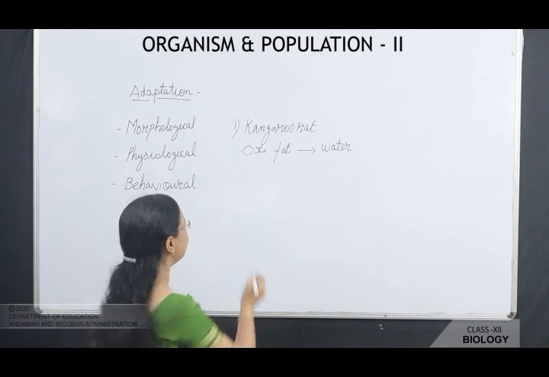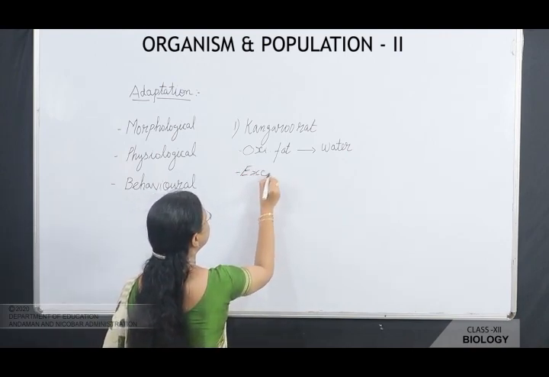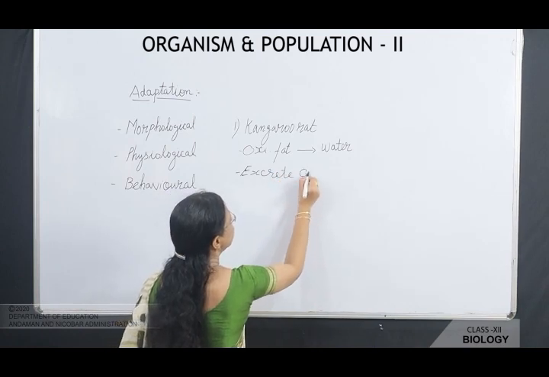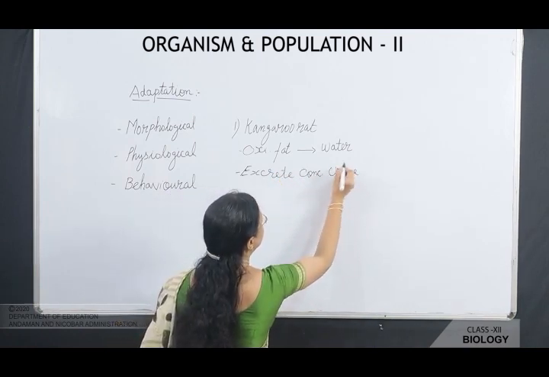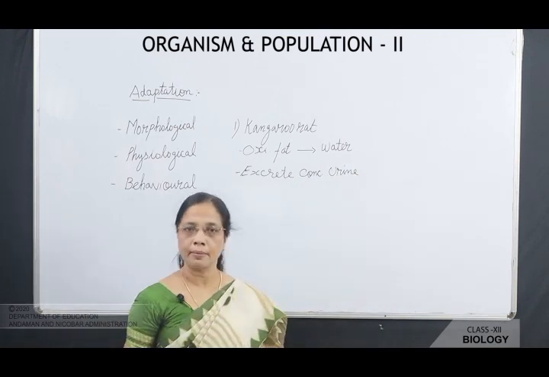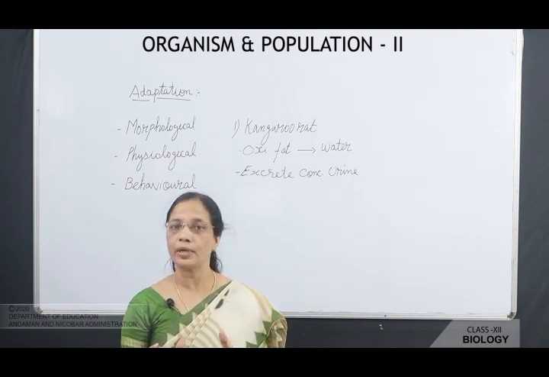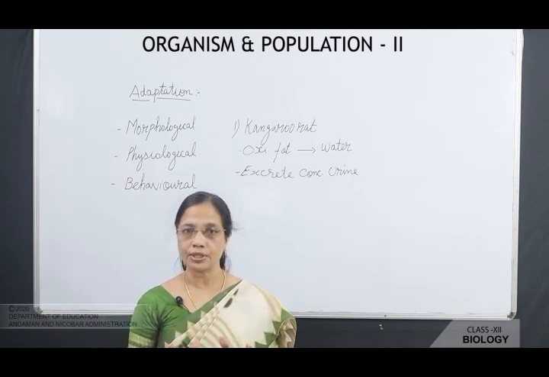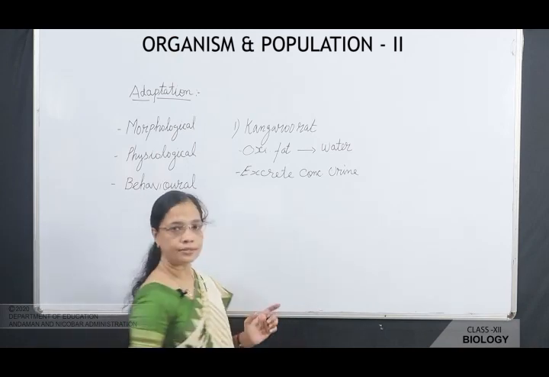Okay. Secondly, they excrete concentrated urine. As these kangaroo rats are mammals, the kidney can regulate the concentration of urine. So, they can excrete concentrated urine.